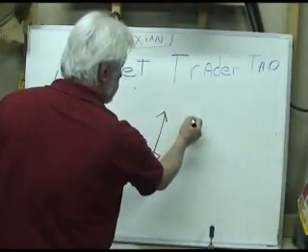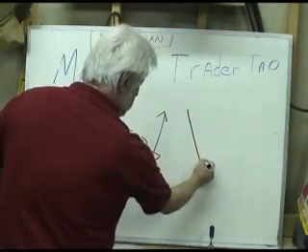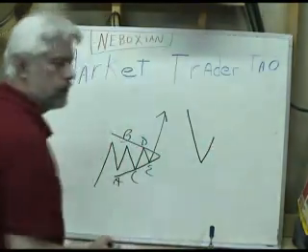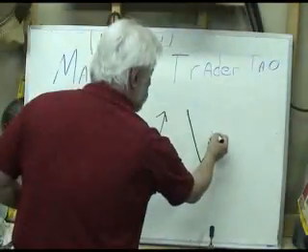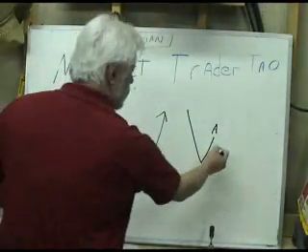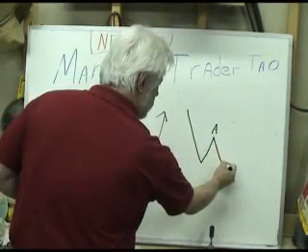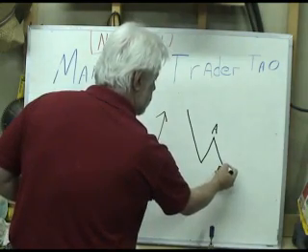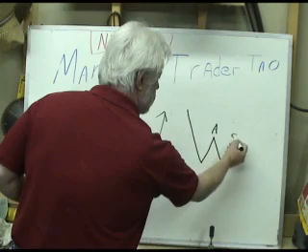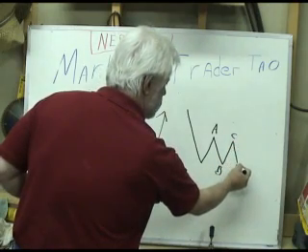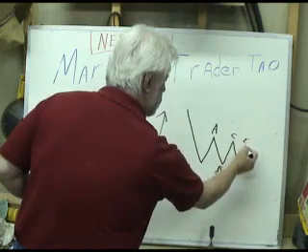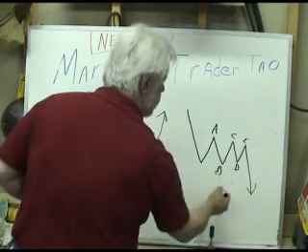Now, on a bear cycle, it's just the opposite. Your trend is heading down, and your first correction is your A wave, and then you're going to have another impulse wave, and that's B, and then C, and then D, and then E, and then a breakout to the downside.